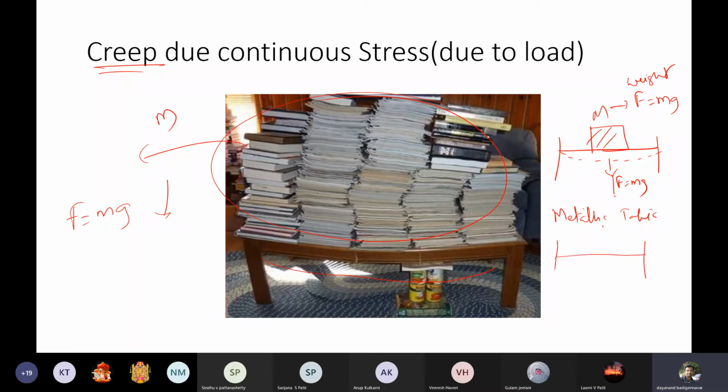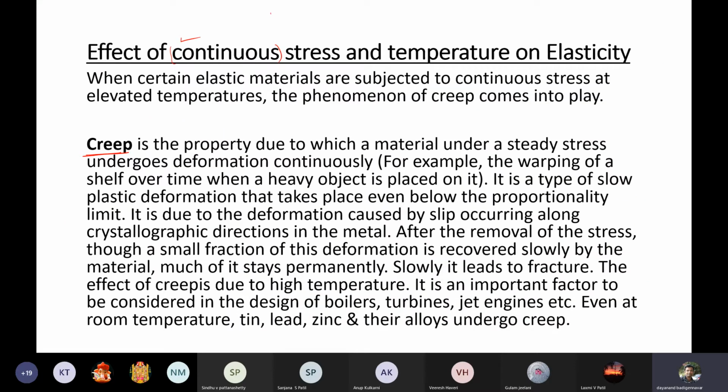This is the original shape, and the dotted line is what is called creep. Creep occurs because we are applying the mass or force continuously for days together, for a longer time. Only when kept for many days does it become like this, and it bends. If I remove the mass, it will go back toward its original shape, but not perfectly. It will take an intermediate shape like this. This is the shape, but it is still deformed. You are getting the point? This is the case in a metal which is deformed in a continuous manner. That is called creep.